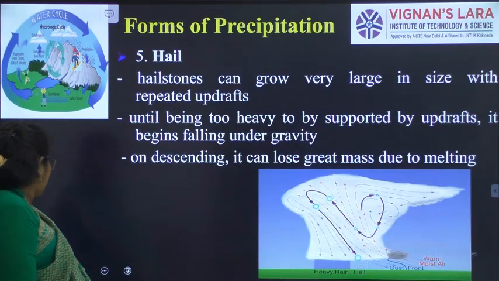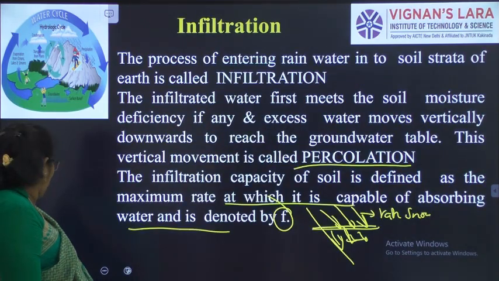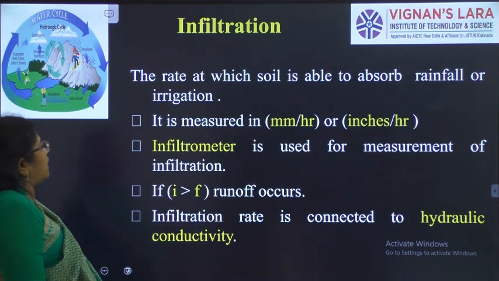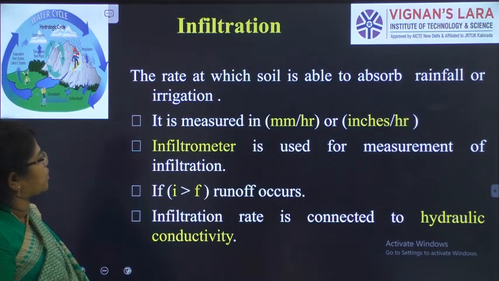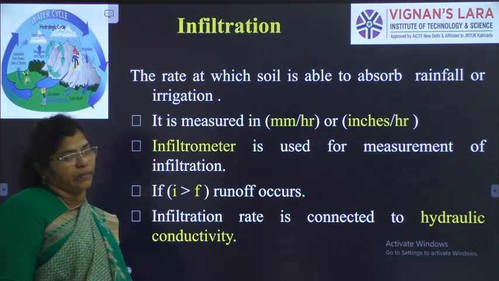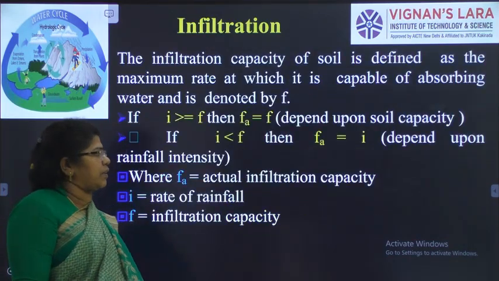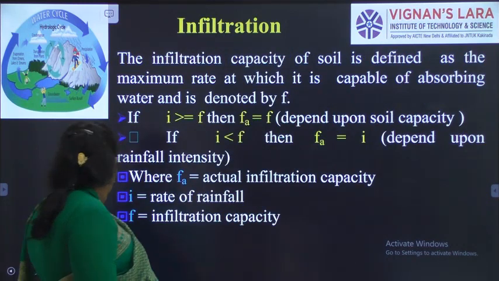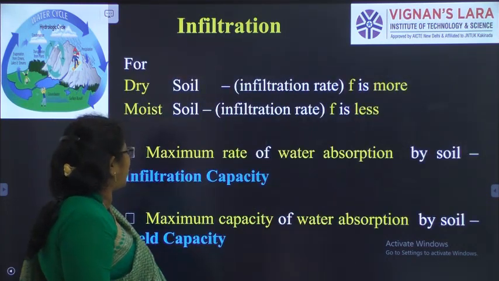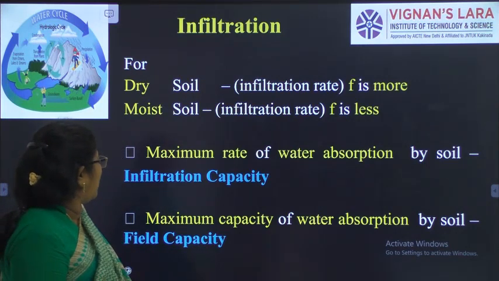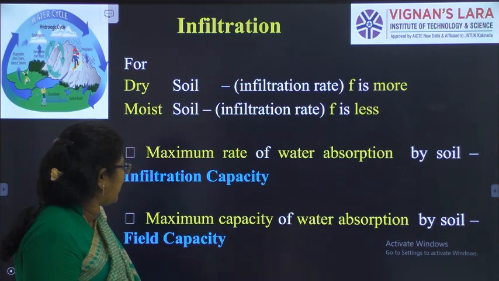Okay, so the next one we will see is the rate at which the soil is able to absorb rainfall or irrigation. It is measured in millimeter per hour or centimeter per hour. Maximum rate of water absorption is called the infiltration capacity.